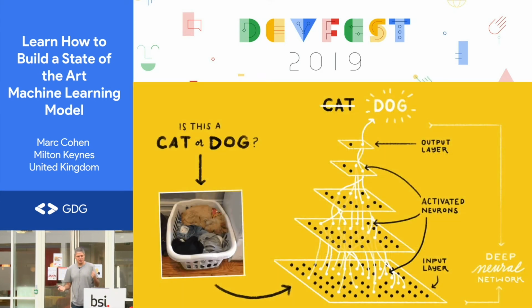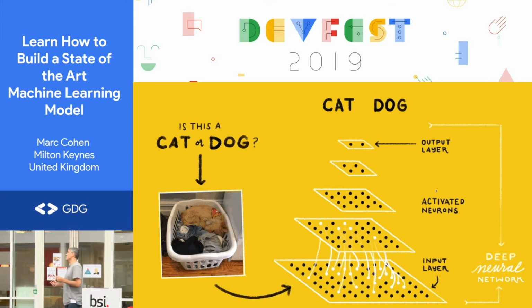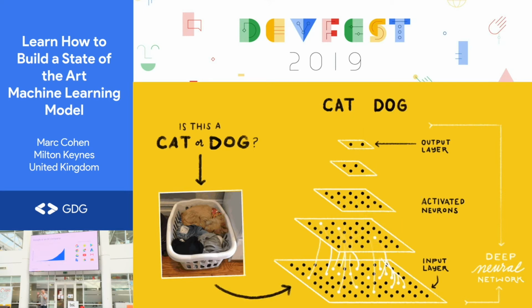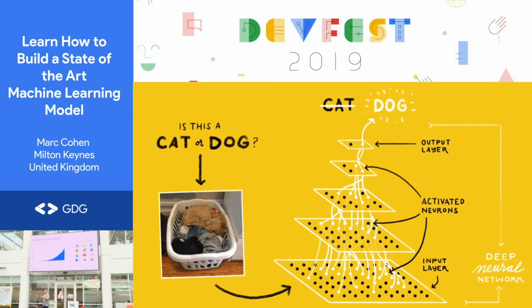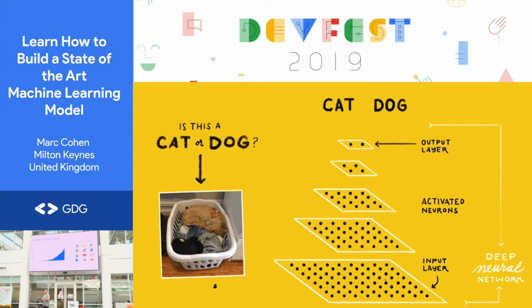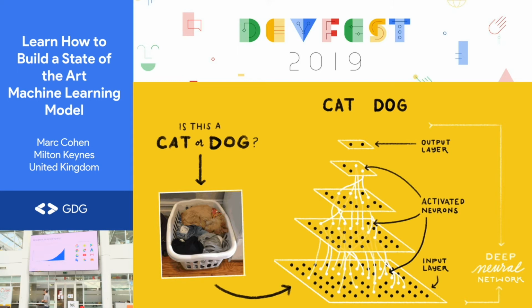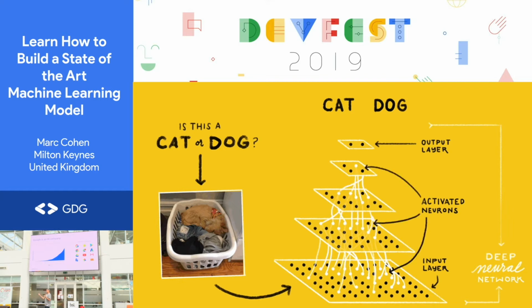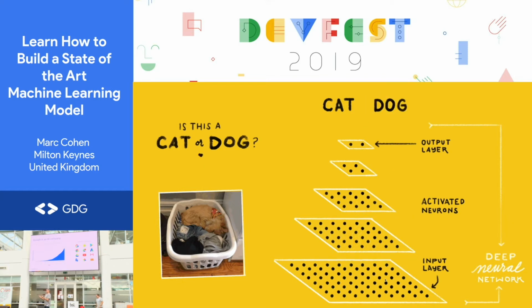This is a view of it. It's grossly oversimplified. If you were seeing this, you would see pictures of cats and dogs. And for some reason, cats and dogs always find their way into machine learning talks. But you would see that we take the pixels, the values for the representation of the image, and feed them into a network of layers.